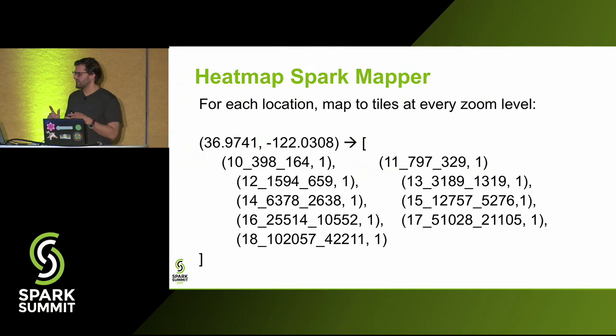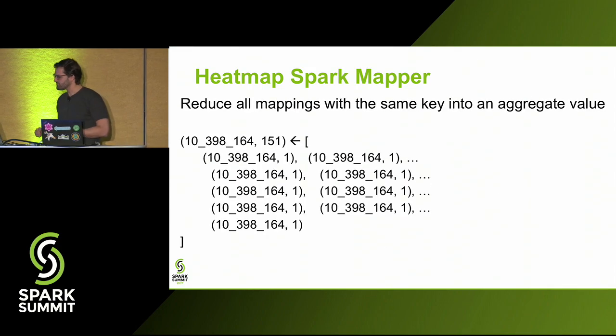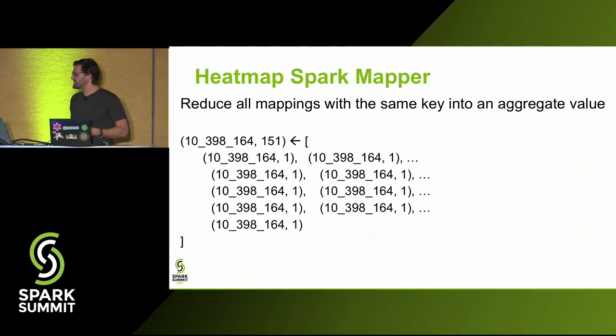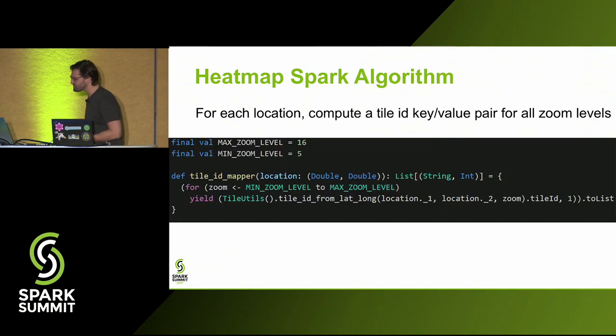The underscore representation of that is the zoom level and then the row and the column. We then reduce all these mappings with the same key down to their aggregated heat map value. So in Spark, we aggregate this up to result in that tile ID with 151, which is the total number of instances of all these location samples.